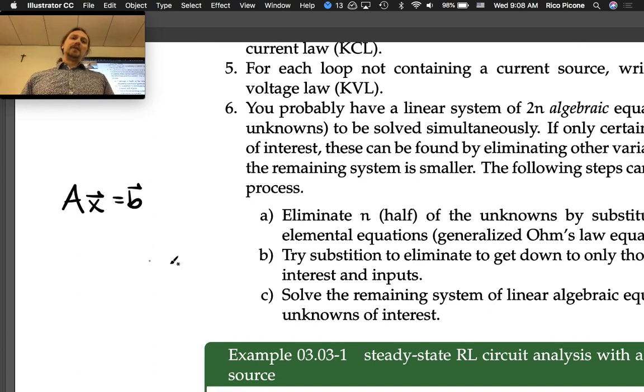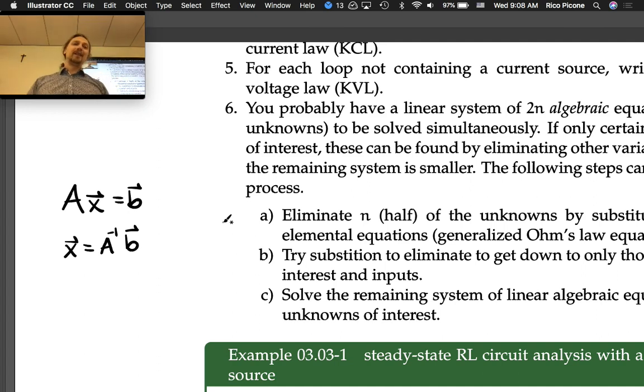And you can write this in terms of AX equals B, and you want to solve for X. So you can either do some efficient algorithm, or if you just wanted to be straightforward about it, X is just A inverse B, and you could just solve that.